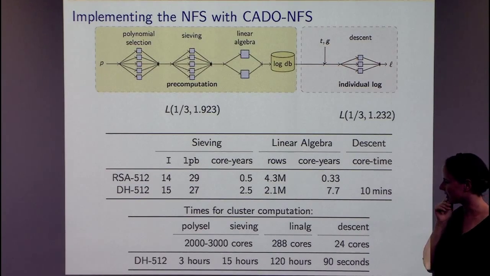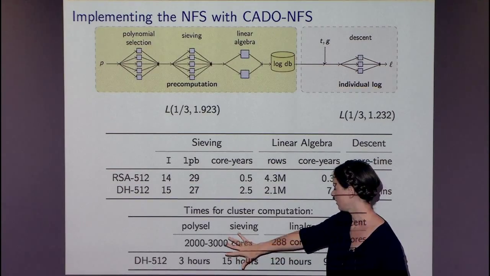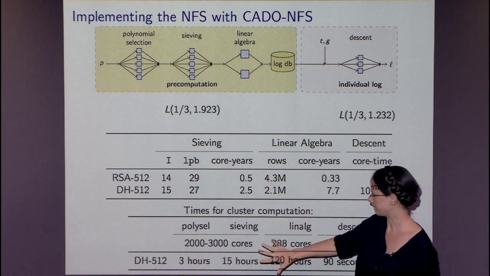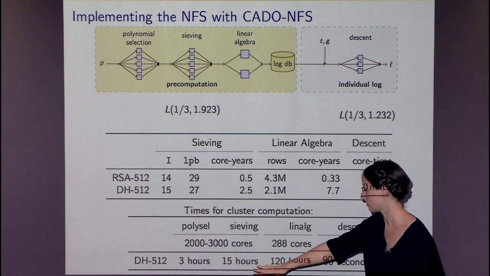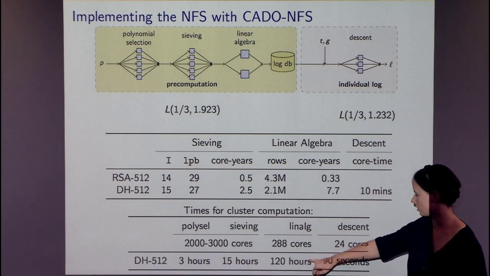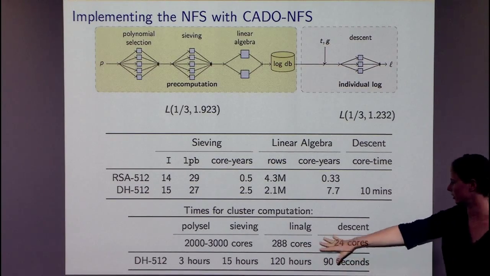And on an actual cluster, the sieving was parallelized across 2,000 to 3,000 cores using idle time, so that's why it varies. So this was 15 hours of sieving on 2,000 to 3,000 cores. The linear algebra took 120 hours, so several days on 288 cores.